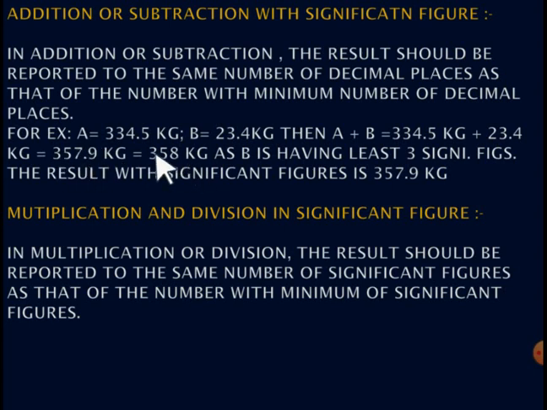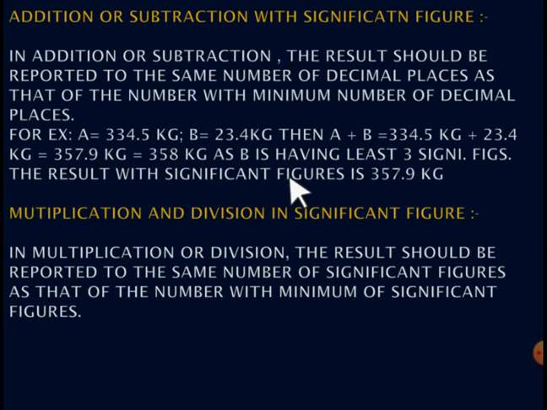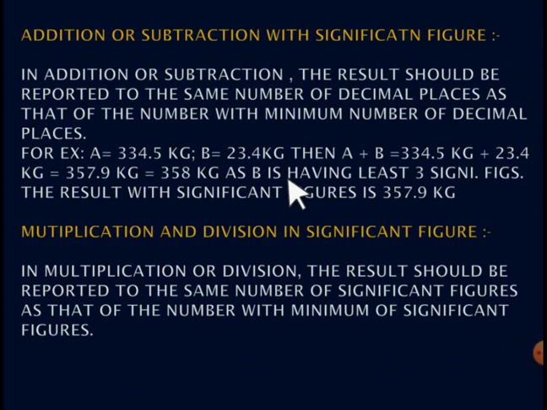That is what is expressed here. The same is the case for difference. In the case of sum, difference, product, and division, you need to express the result in terms of the least significant figures. Got it?